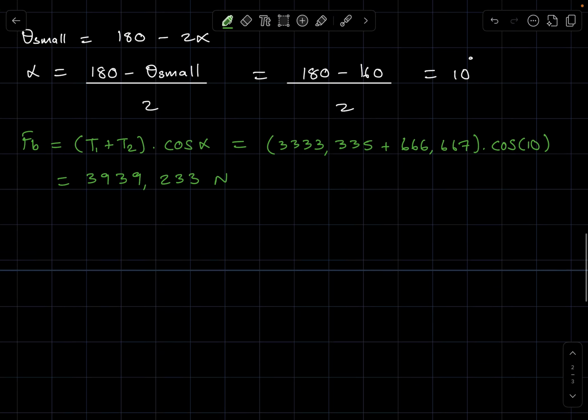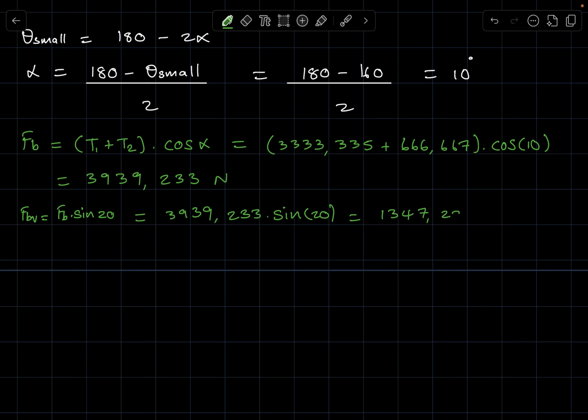So calculating FPV, and FPV is equal to this, which is equal to 3939,233 sine 20, which if you punch in your calculators you will get 1347,297 newtons.